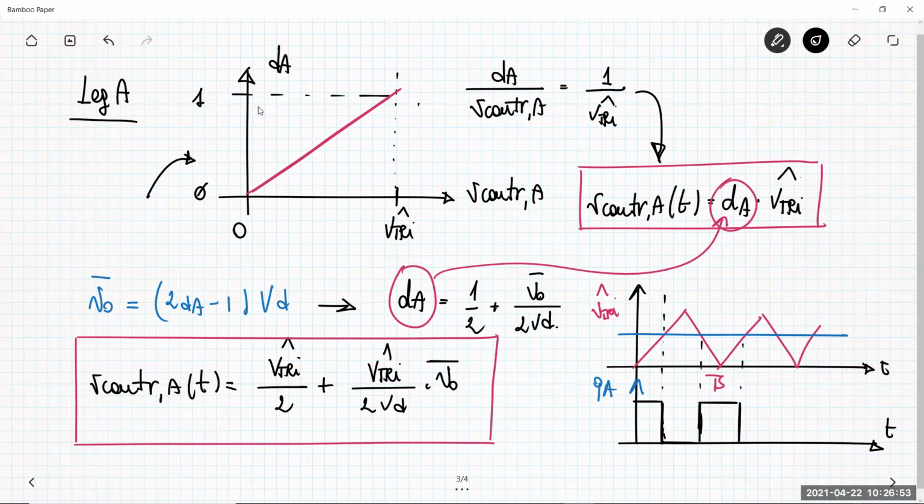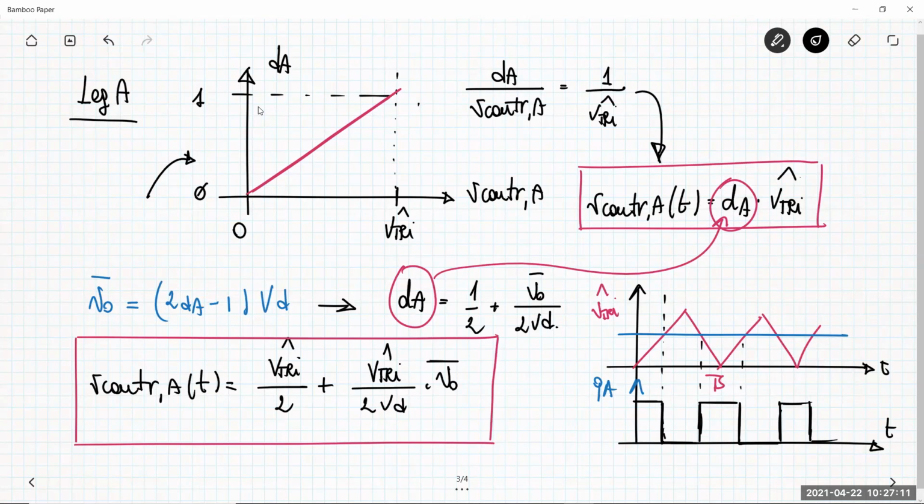Of course, I also could have chosen a different law. For example, I can choose to consider QA 0 when the control voltage is higher than the triangular voltage.